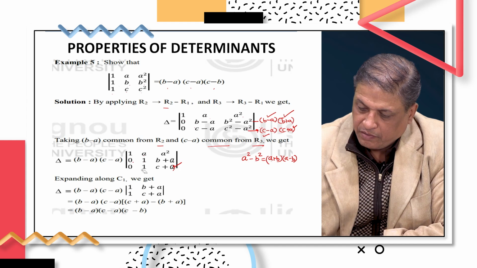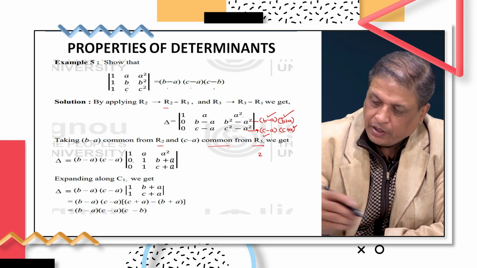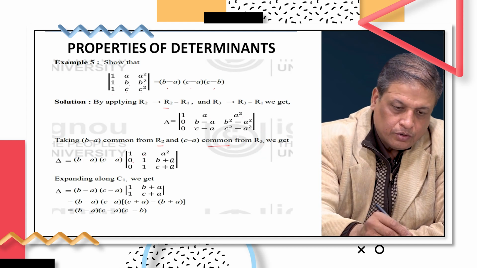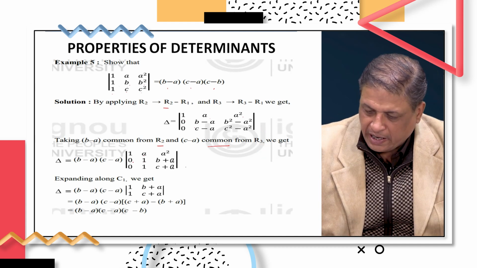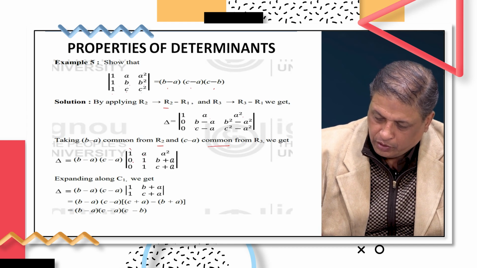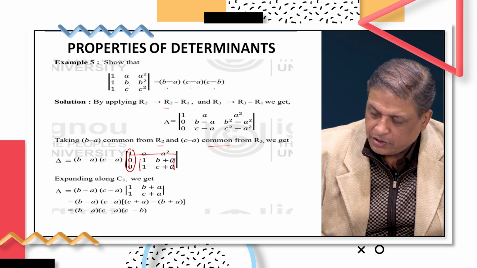Now, let us extend our discussion on how to solve this. The next part is that if we expand it along column 1, so what is column 1? Column 1 is this. After taking this part, the remaining determinant is this.